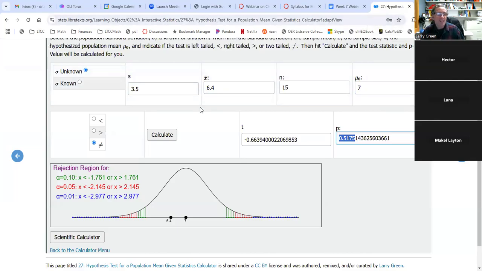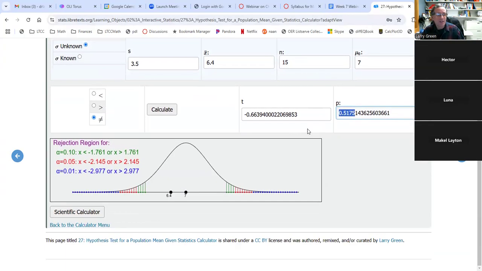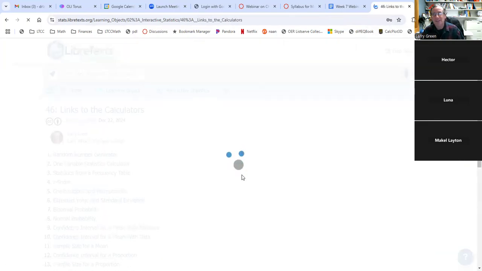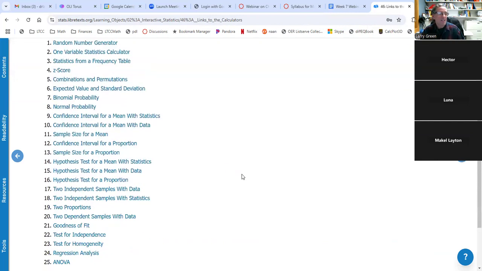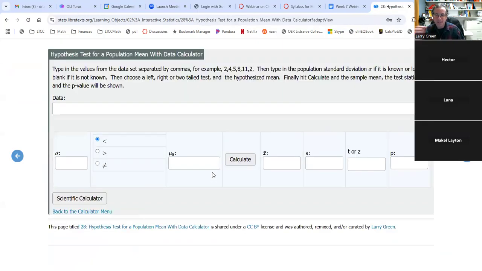Calculator, exactly. Will this calculator work? This isn't going to work. So let's go back to the calculator menu. And in this case, we have data and not statistics. So that's number 15. So that was great that you guessed 15.